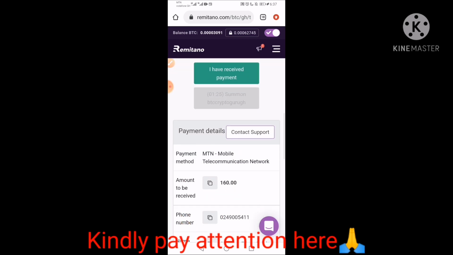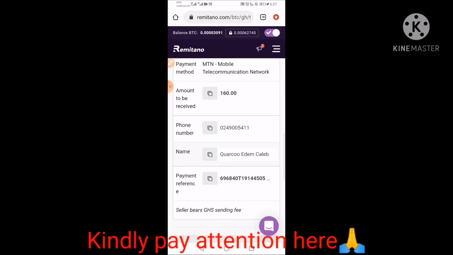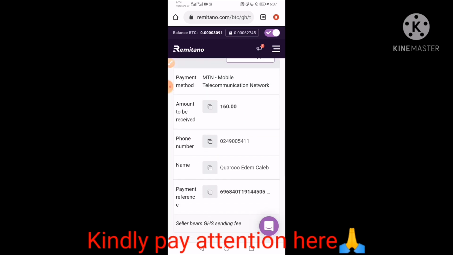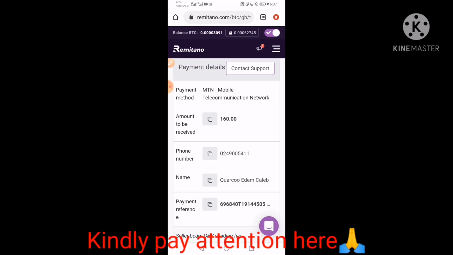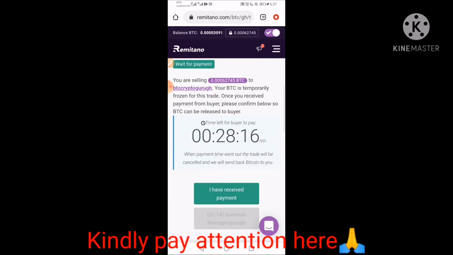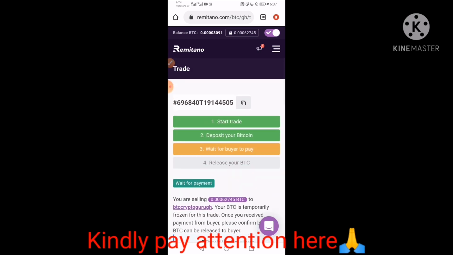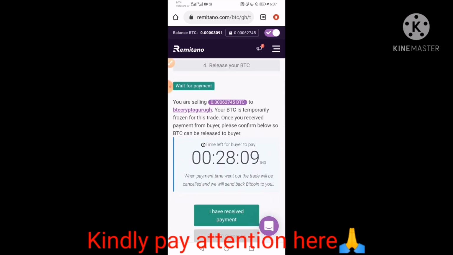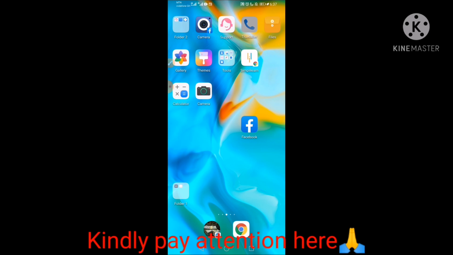Okay, so this is the buyer's information. This is my information. Over here, I have the amount to be received, phone number, name. So all you have to do is to be checking your messages to know that the buyer has sent the money to you. So I'll go back to my message.